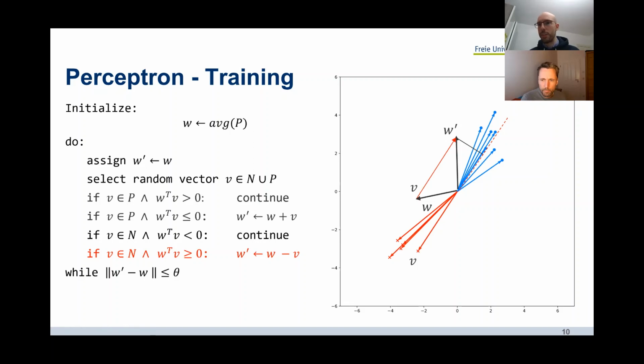So this is definitely something we can also do here. We can set a learning rate which would simply be multiplied with our v, and this would tell us how strong our correction of the w needs to be.